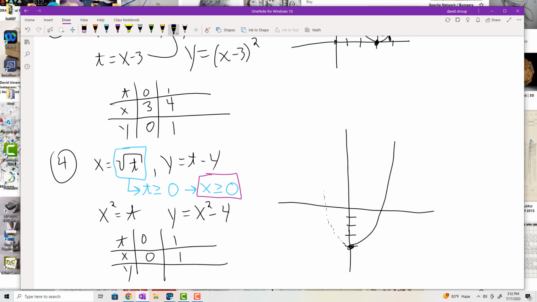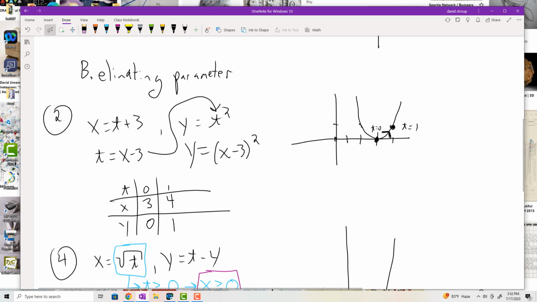When t is 0, y equals 0 minus 4, people. And then 1 minus 4 is minus 3. Okay, great. So it's 0, negative 4, I'm at the vertex. And then at t equals 1, negative 3. I get my second value. So that is my orientation, going upwards and to the right.